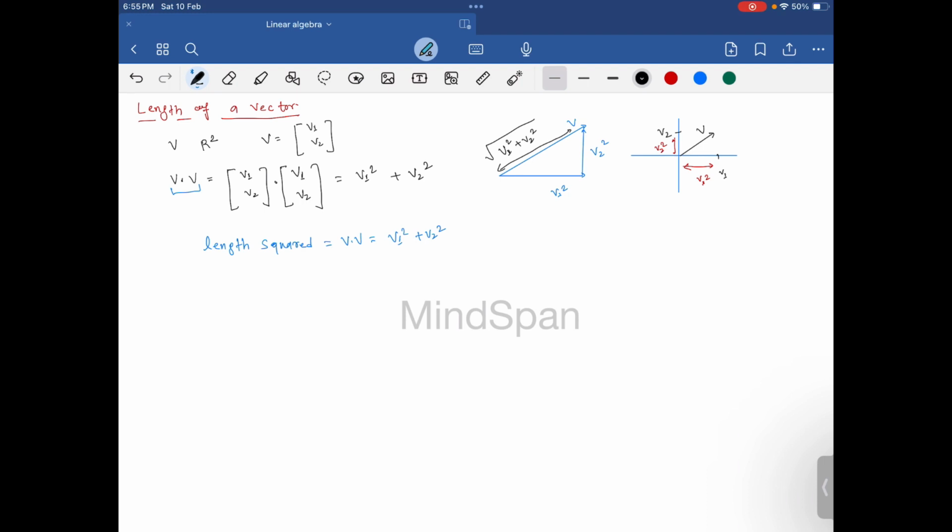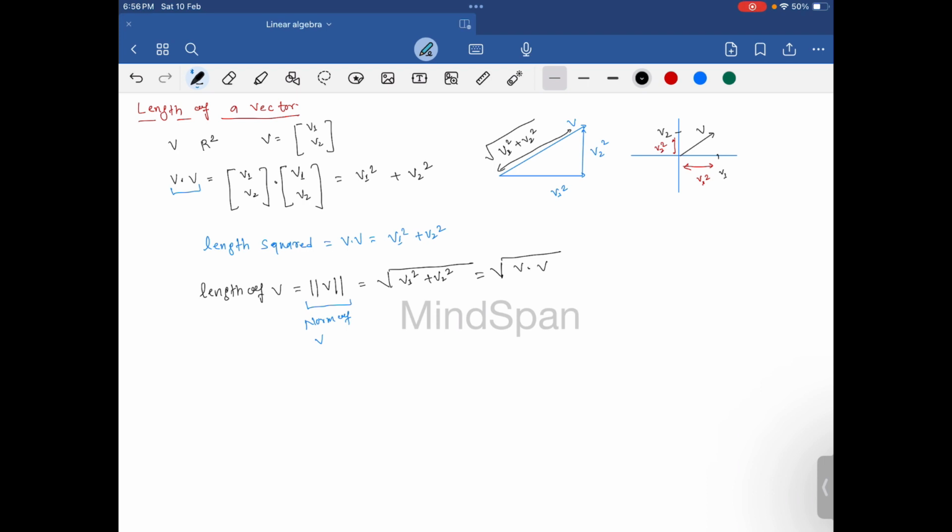Then the length of v, which we also write as the norm of v, and you can read it as the norm of vector v, is equal to the square root of v1 square plus v2 square, or the square root of v dotted with v.